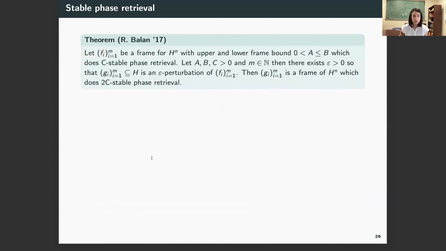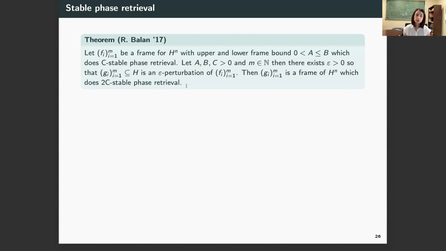Another thing about stability is, what would happen if I'm perturbing my frame a little bit. With respect to perturbation, there is this theorem by Balan, which says that if I'm looking at frames of dimension m, which does stable phase retrieval, and I perturb this, the perturbed frame, G_i, is going to also be a frame which does 2C-stable phase retrieval.